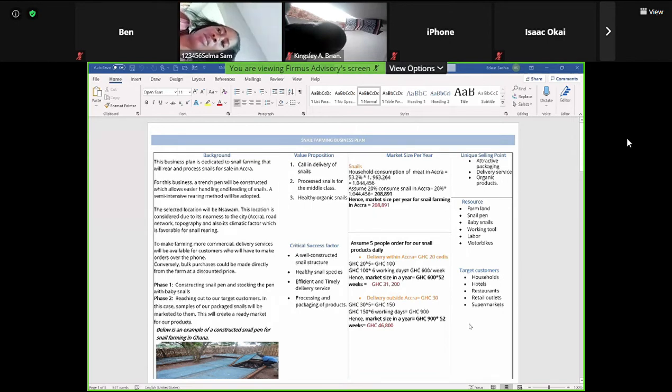Their consumption of meat is about this value. So then I found out the market size for meat is about a million or so.